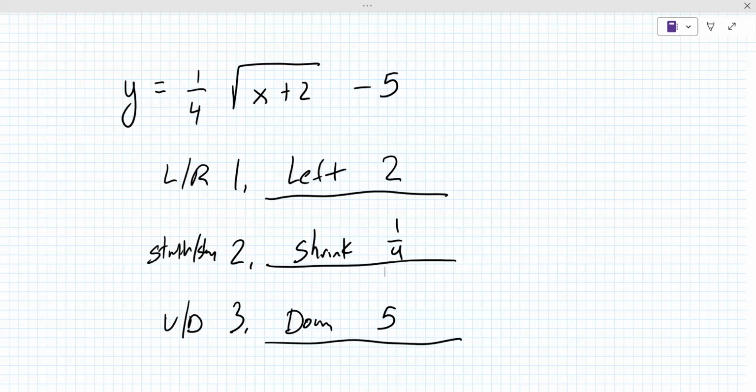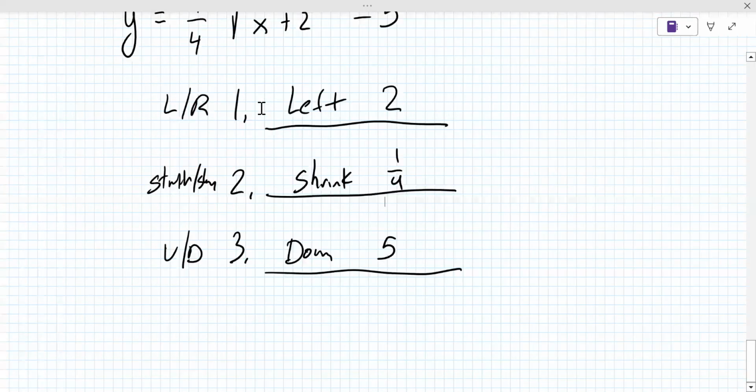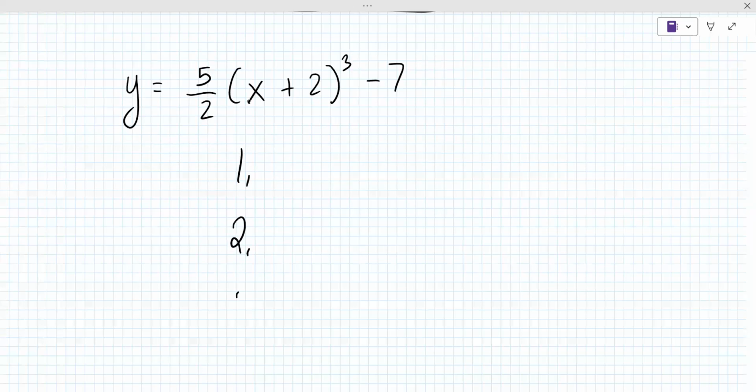Okay. Do you have this down? Yeah. Okay, here's your new problem to look at. y equals 5/2 times (x plus 2) cubed, minus 7. There are 3 transformations. The first one is right or left. The second one is stretch or shrink.